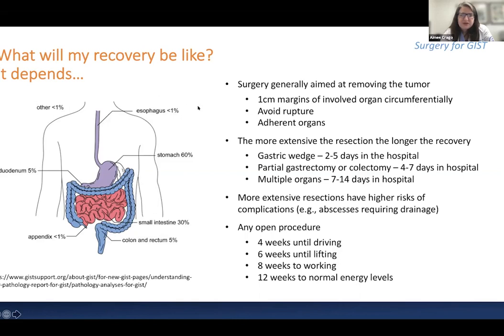So our surgeries are really geared toward removing the tumor with about 1 centimeter of normal margin all around it. We try our best to avoid rupturing the tumor so that no cells are spread. And we take any of the adjacent organs that are adherent to the tumor.